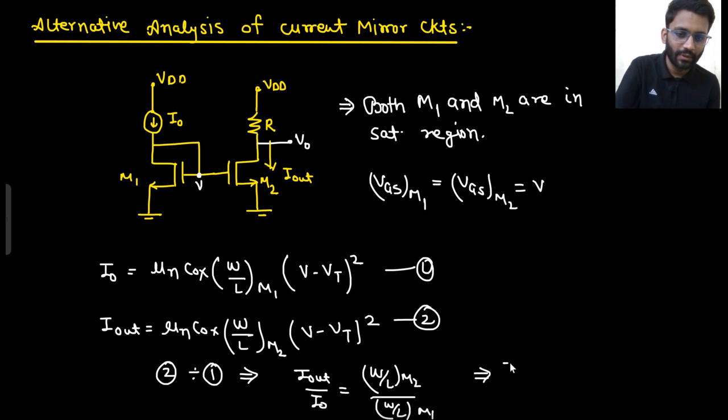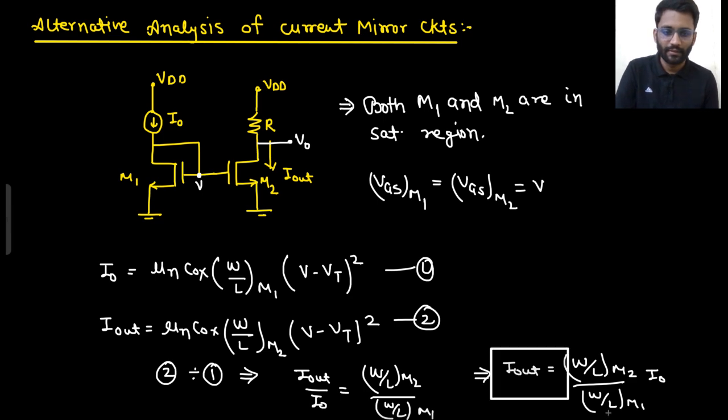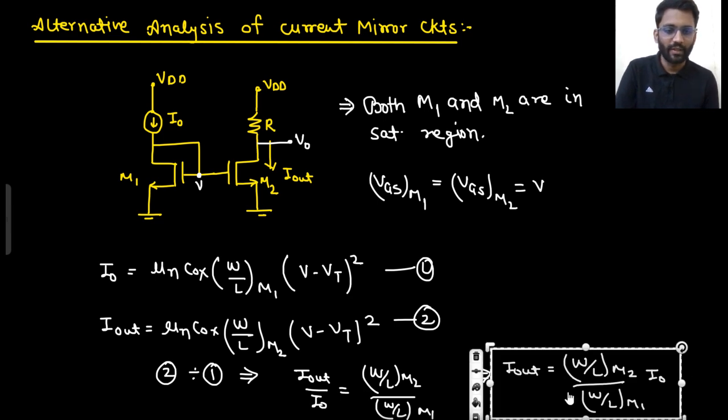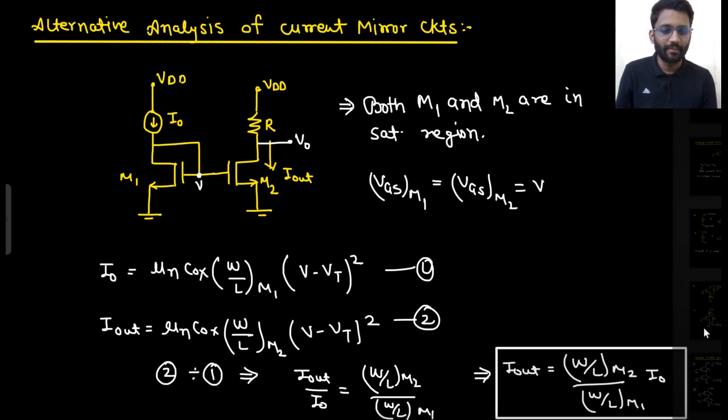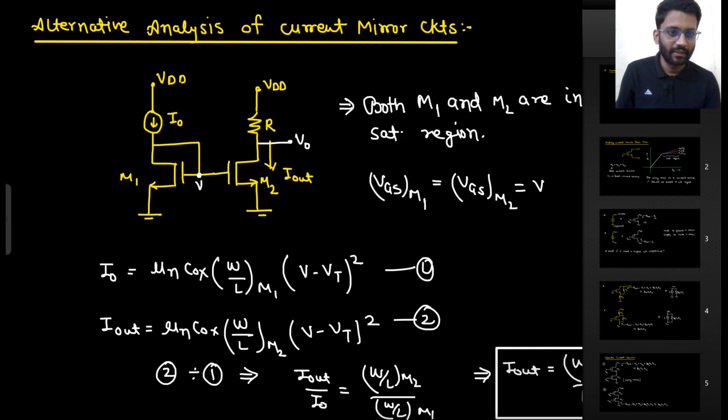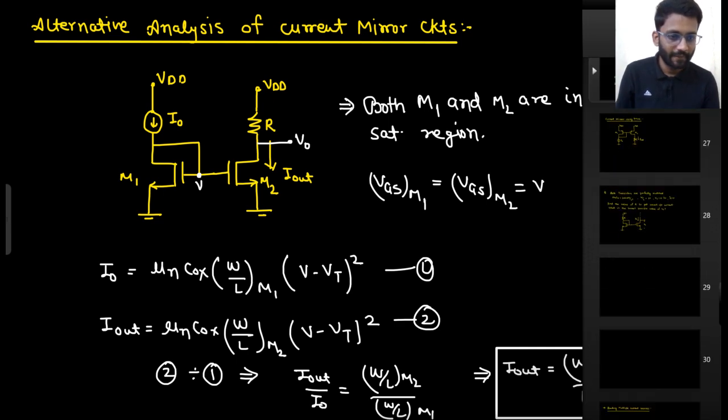That your I out is equal to W by L of M2 divided by W by L of M1 into I naught. That's it. So the current that is copied depends on the W by L ratio only. Let's see a very simple example. I will add a page.